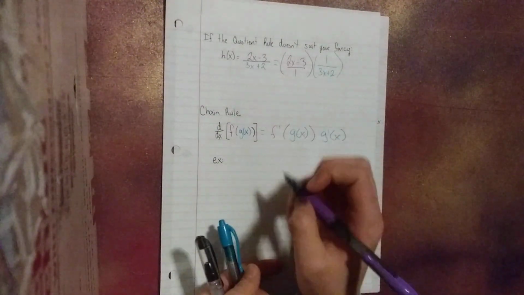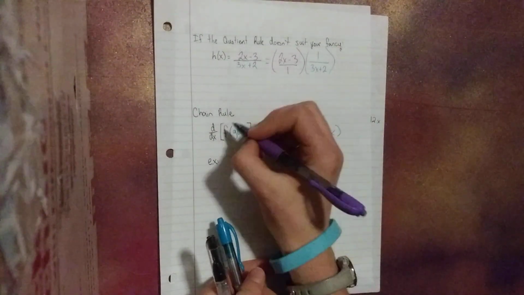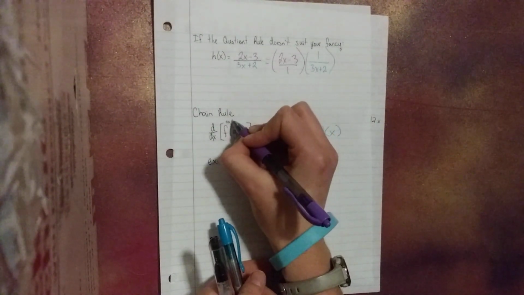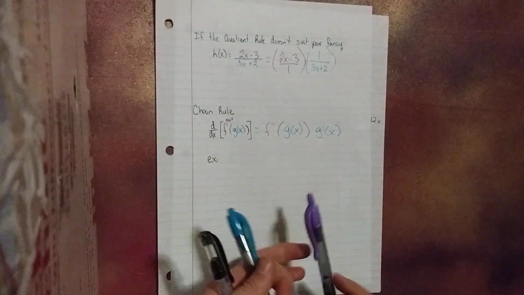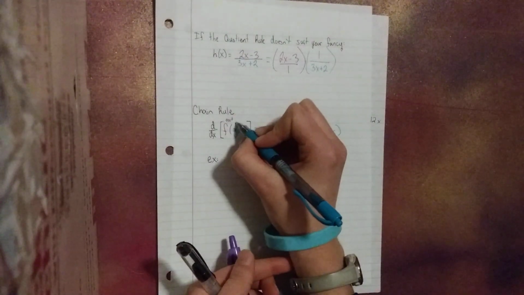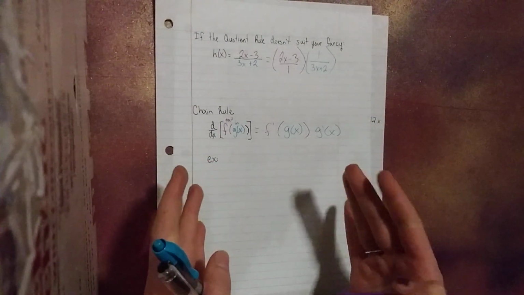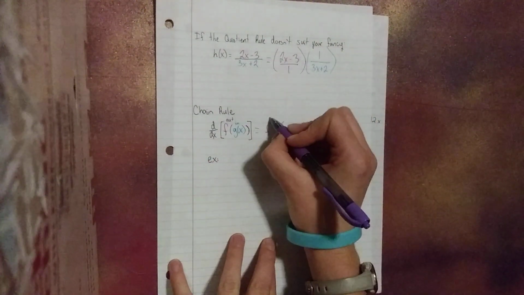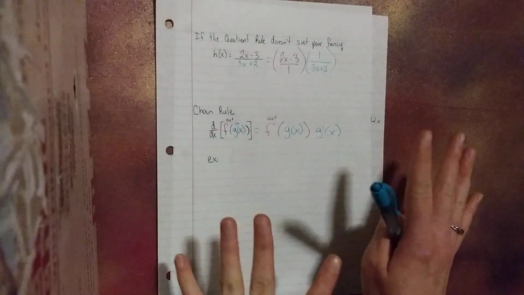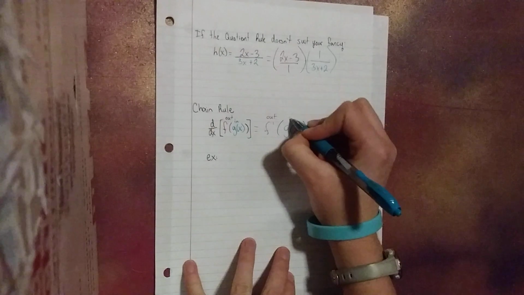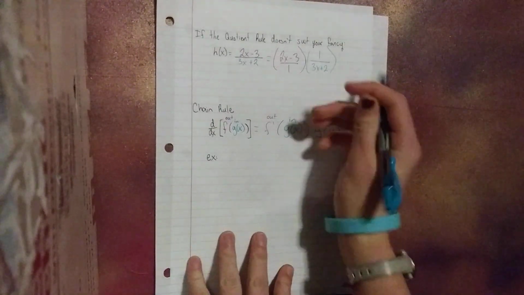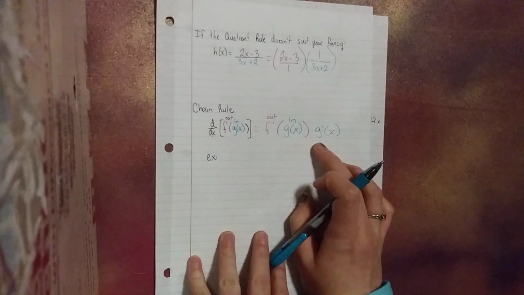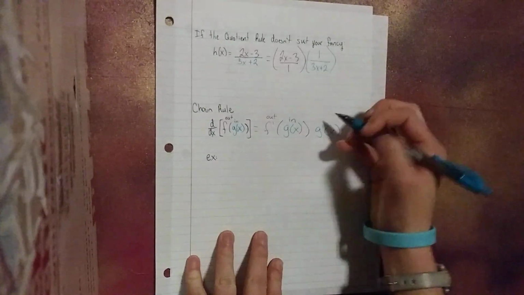So the f function is our outside function, and our g of x is our inside function. So we're taking the derivative of the outside function while not changing our inside function. And then we're multiplying it by the derivative of our inside function.